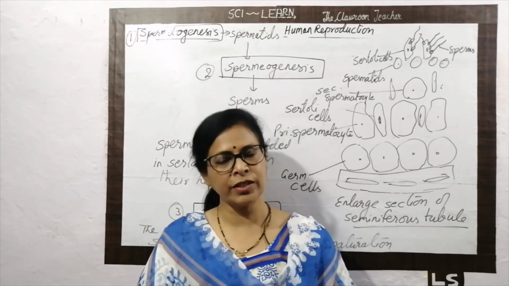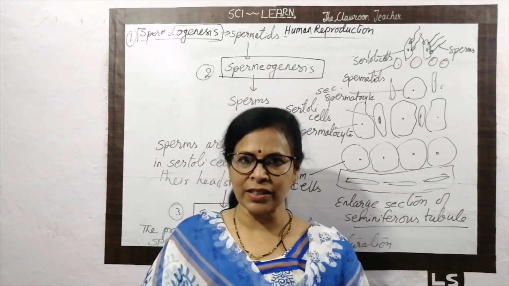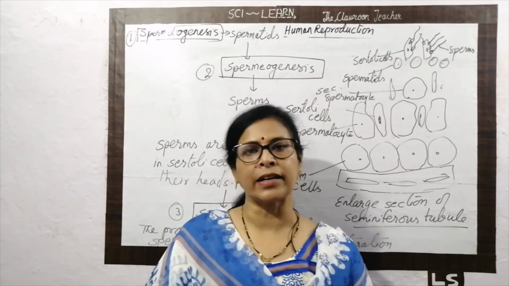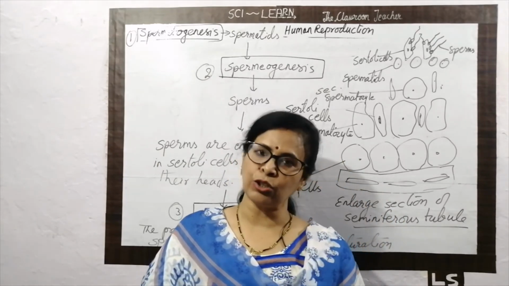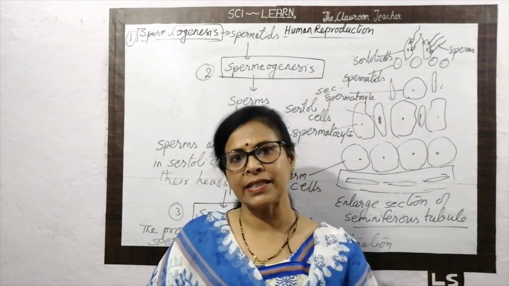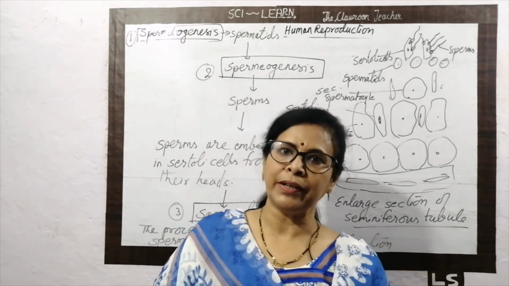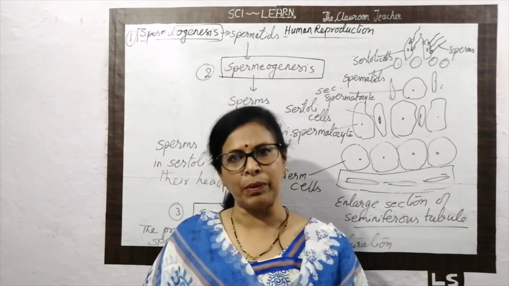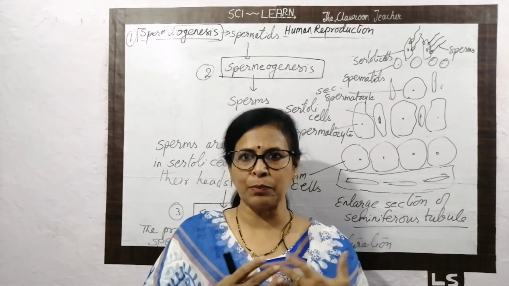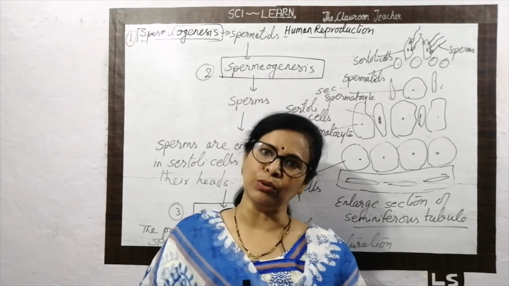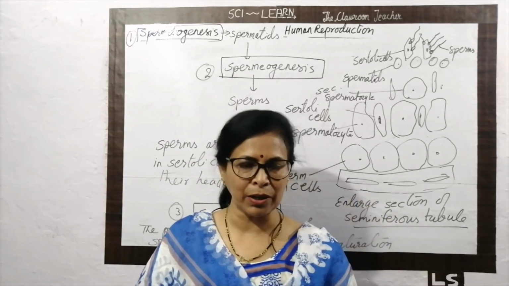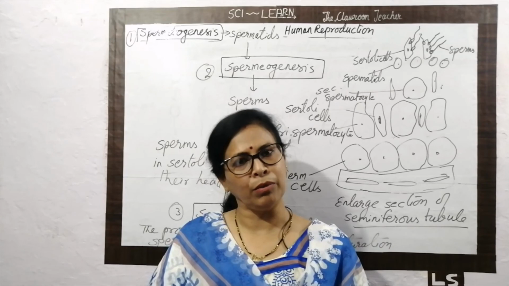In the maturation phase, two meiosis divisions take place. Meiosis 1 is the reductional division, and meiosis 2 is the equational division. As a result, 4 spermatids are formed. These 4 spermatids get converted into sperms, and this is called spermiogenesis. The first step is spermatogenesis, and the second is spermiogenesis.